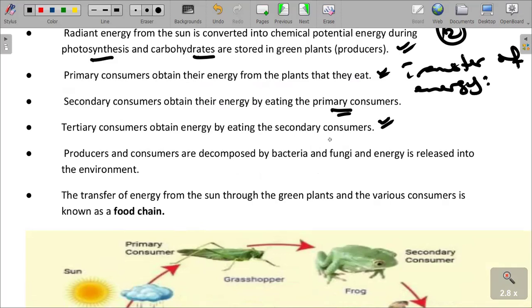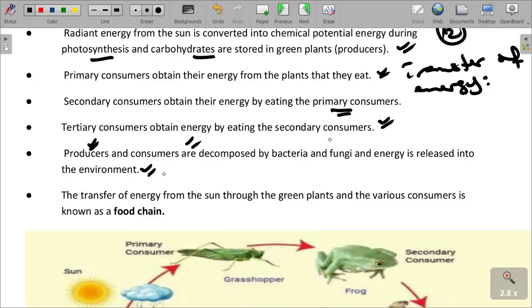Primary consumers are eaten by secondary consumers, which gain energy from the primary consumers. Then the secondary consumers pass their energy to tertiary consumers by being eaten by them. Producers and consumers are decomposed by bacteria and fungi, and energy is released into the environment.